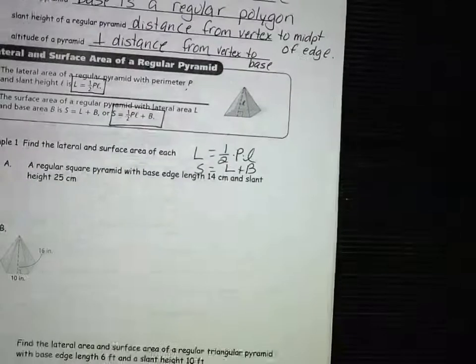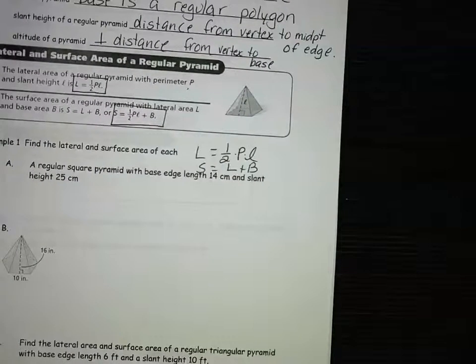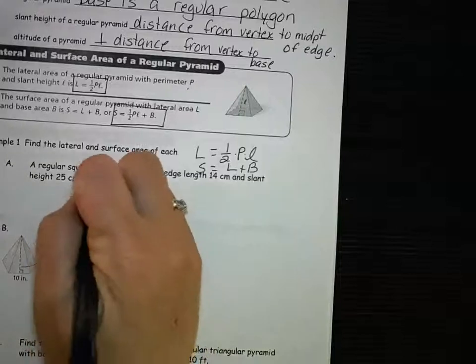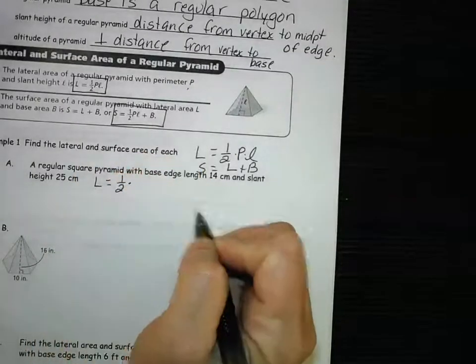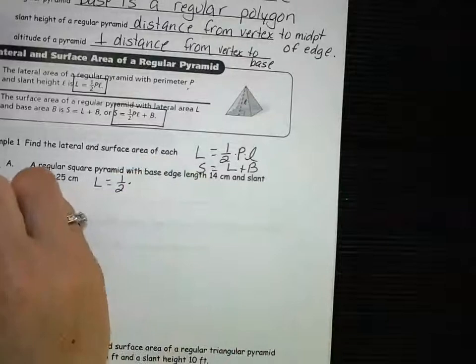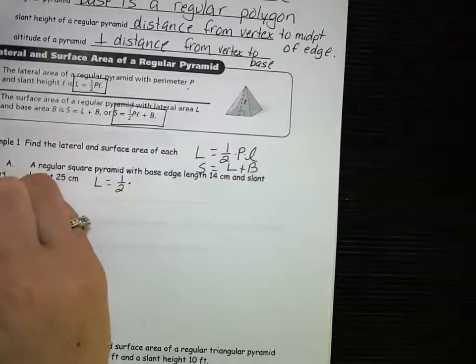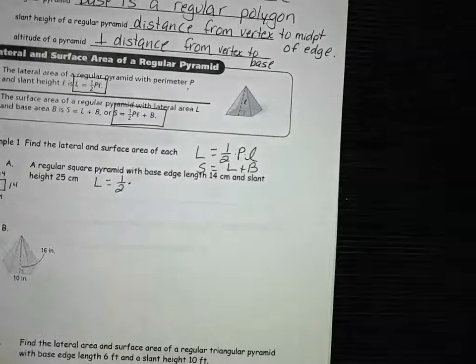So our first example says we have a regular square pyramid, base edge length 14, and a slant height of 25. Your lateral area is 1/2 the perimeter. And if this is a square and all the sides are 14, the perimeter of the base is 56.